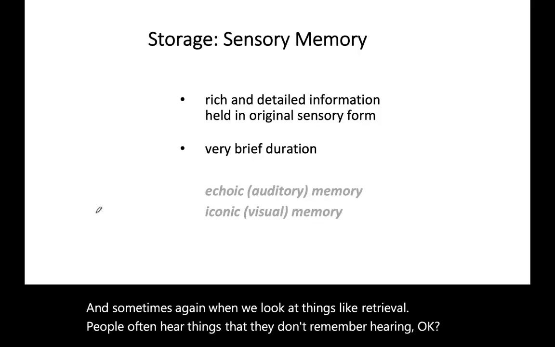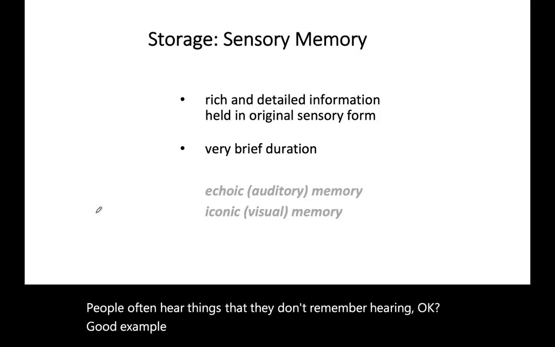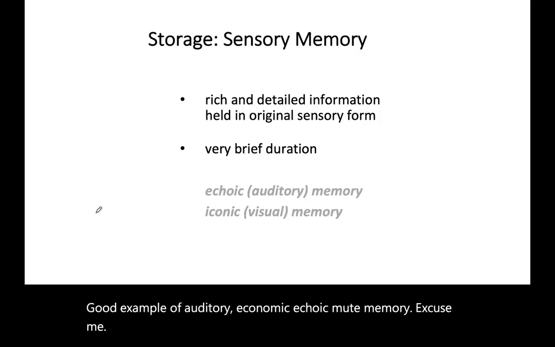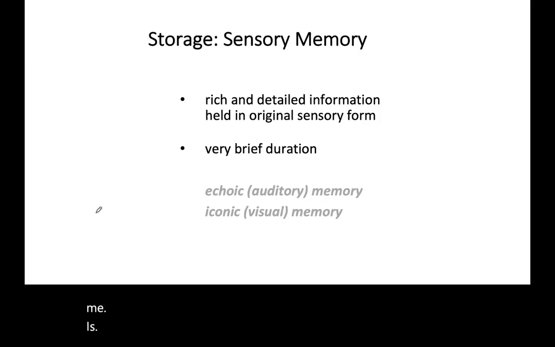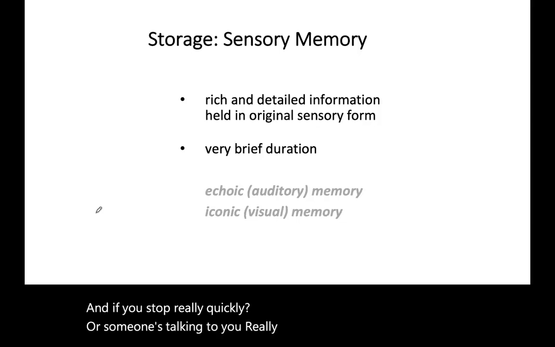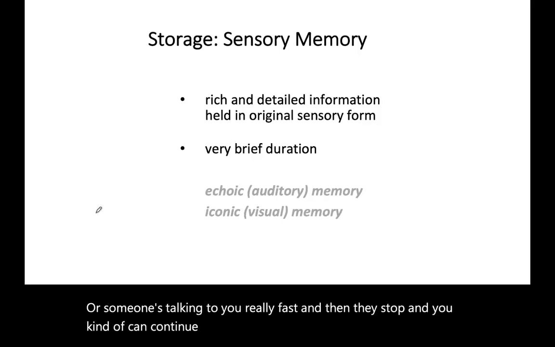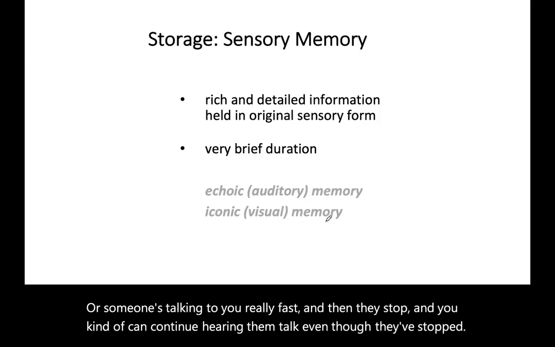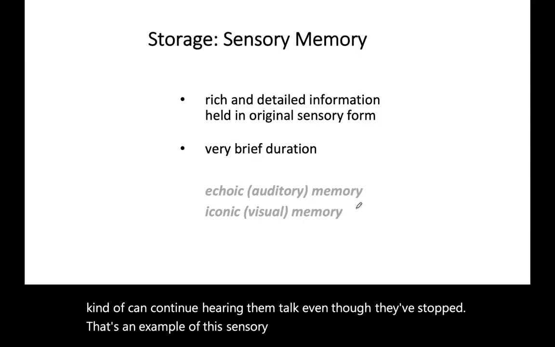A good example of auditory echoic memory is if you're talking really fast, and you stop really quickly, or someone's talking to you really fast, and then they stop, and you kind of can continue hearing them talk, even though they've stopped. That's an example of this sensory memory system.